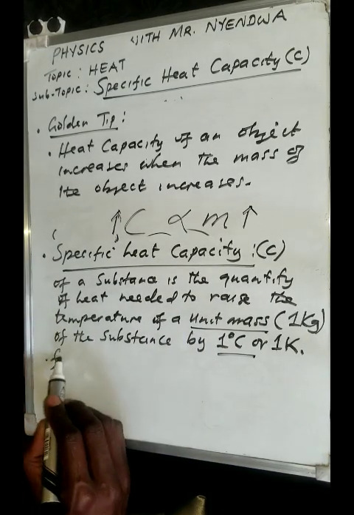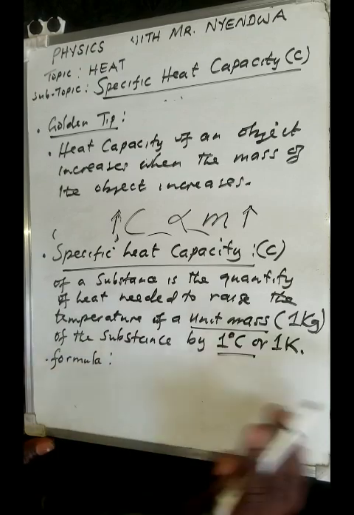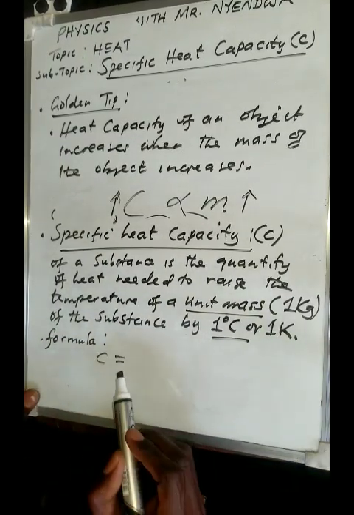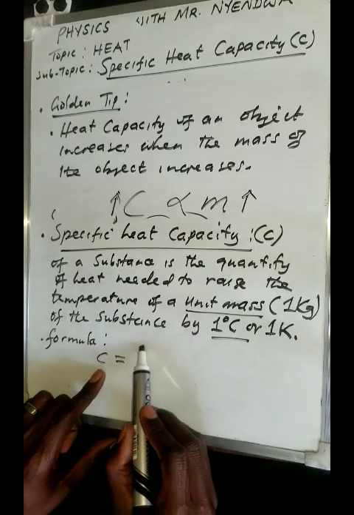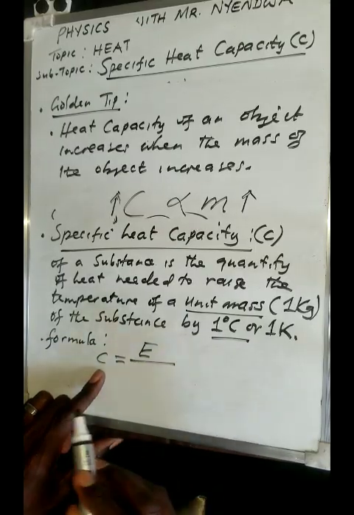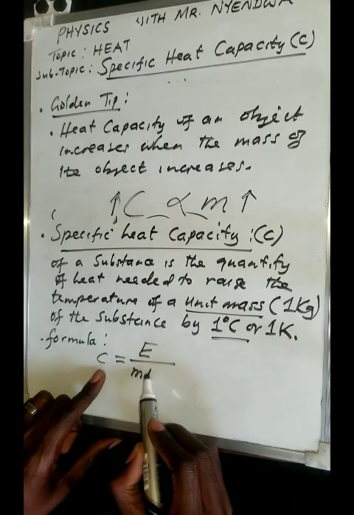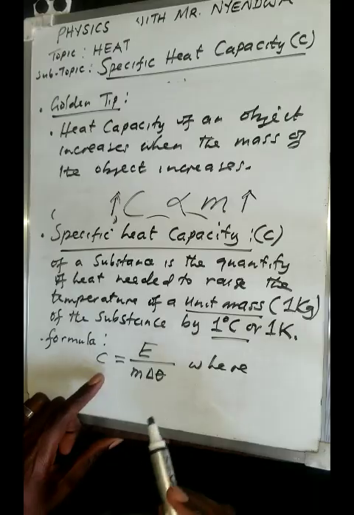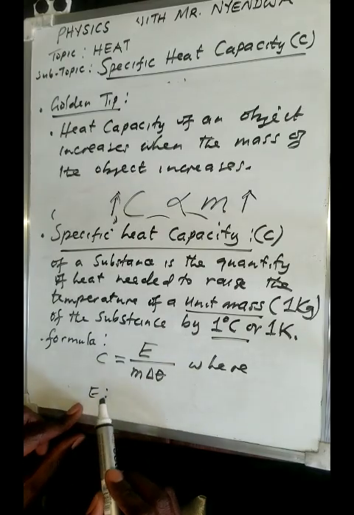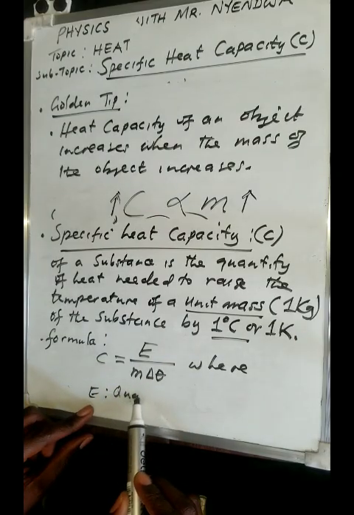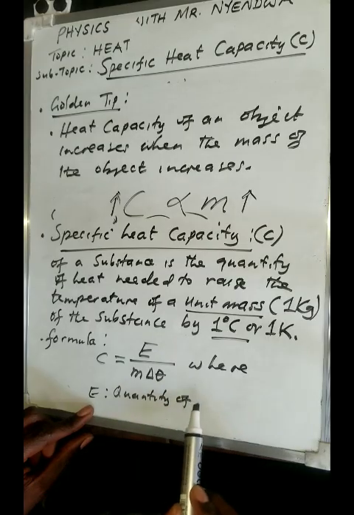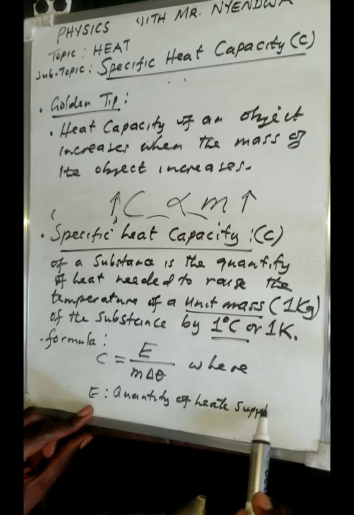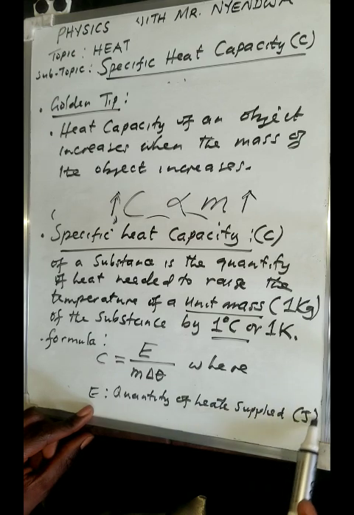Therefore, what is the formula that we need to apply here? The formula is that specific heat capacity, small letter c, is simply the thermal energy divided by the mass multiplied by the change in temperature. E represents the quantity of heat that has been supplied, measured in joules.